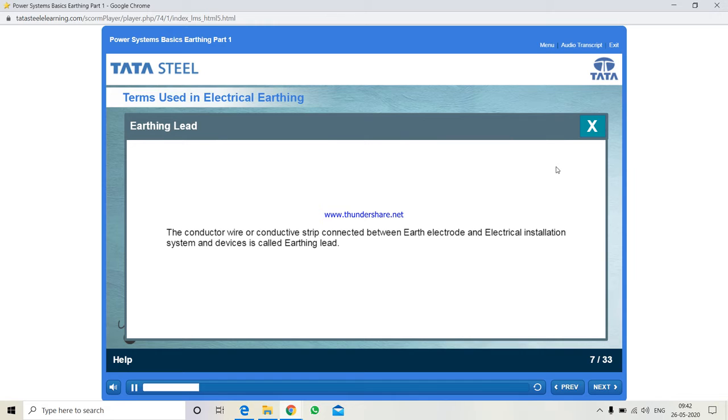Earthing lead. The conductive wire or conductive strip connected between earth electrode and electrical installation system and devices is called earthing lead.